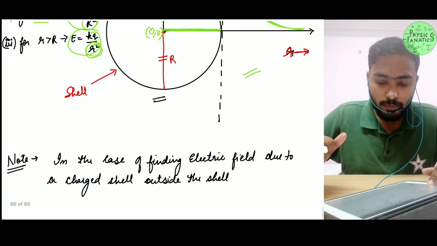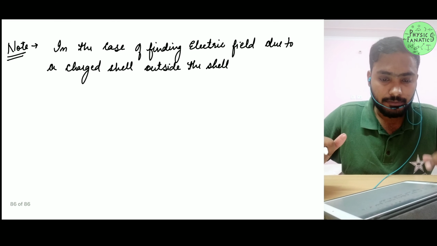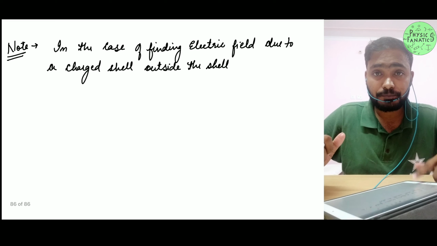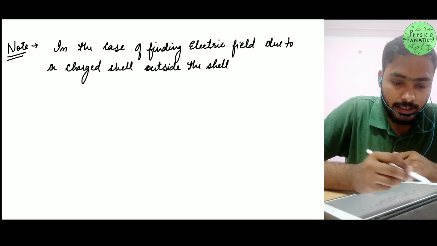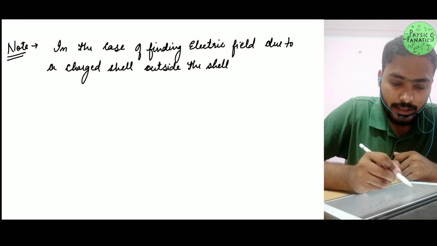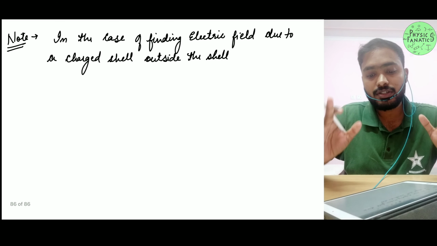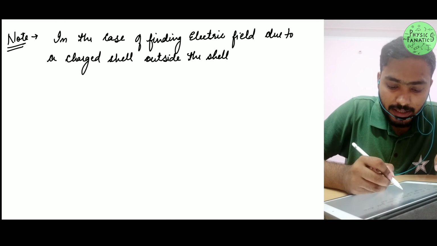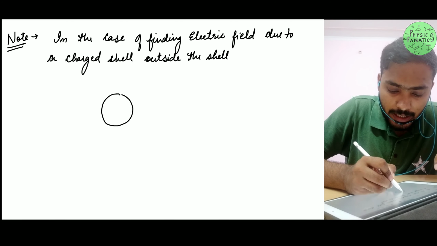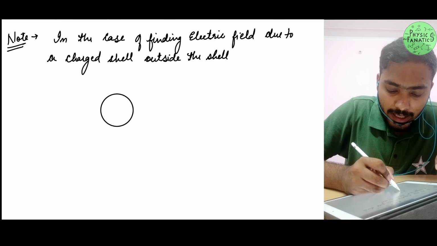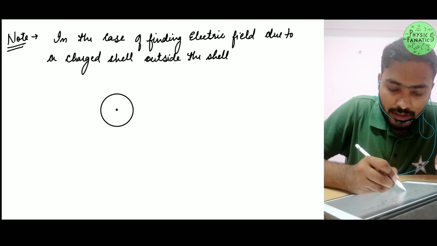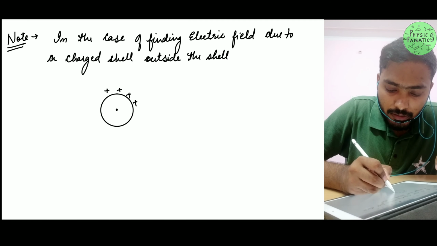One important note that we have to understand before I end this video: in the case of finding electric field due to a charged shell outside, let's assume I have a shell, and obviously all the charge is on the surface.